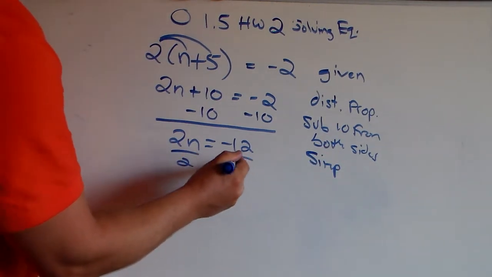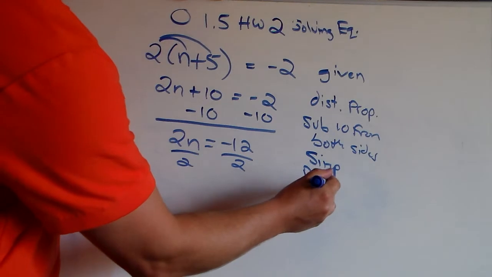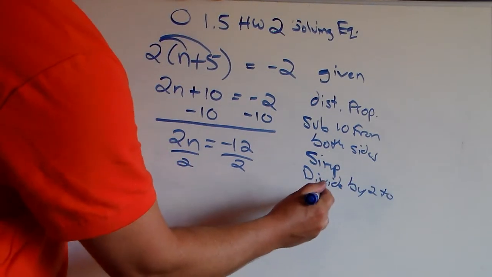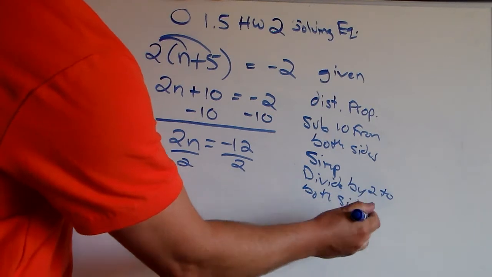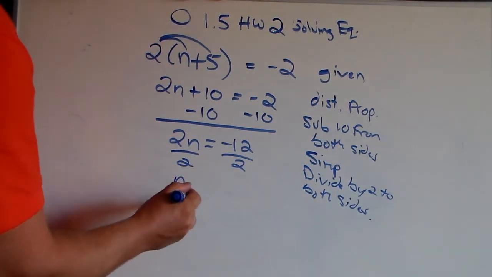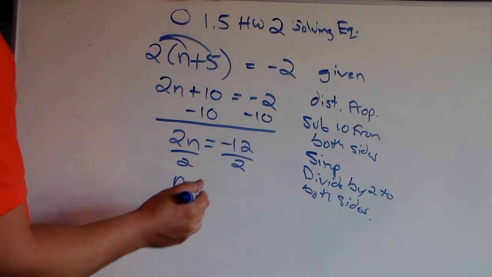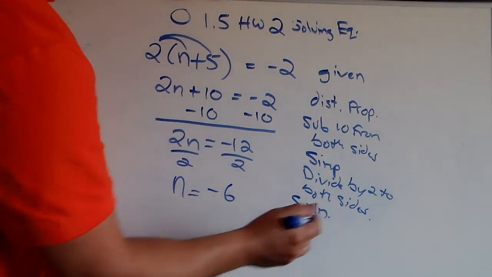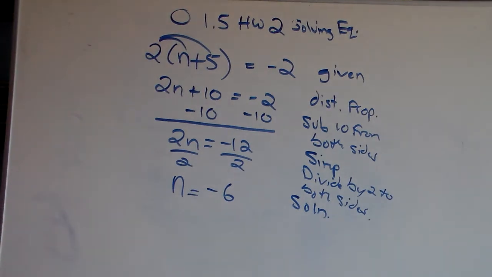Now we're going to divide by 2 to both sides of the equal sign, and we're going to get n successfully all by itself. And we have n equals, well, negative 12 divided by 2 gets us negative 6. And that is our solution. N equals negative 6. That's the answer to number 8.